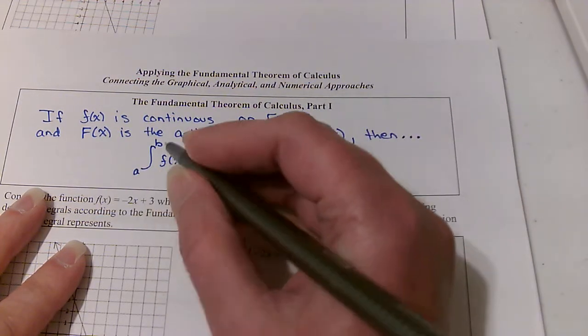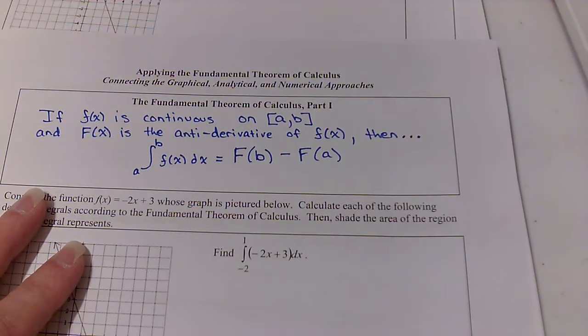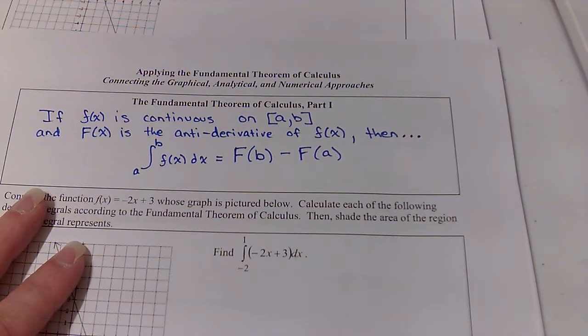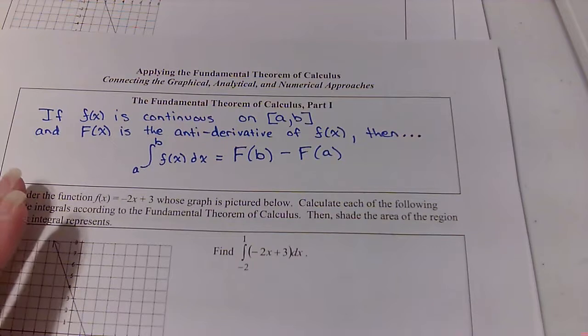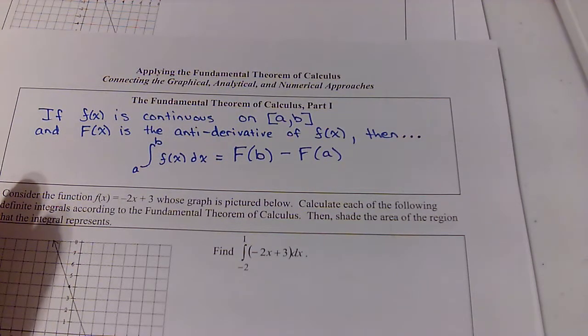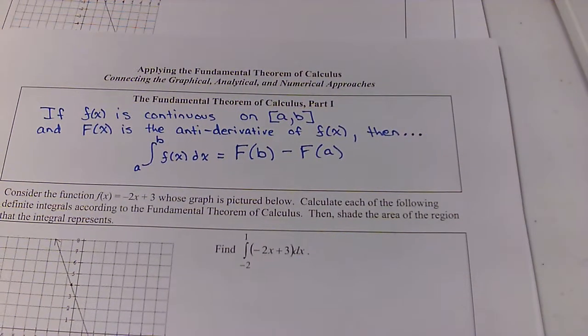So this is called the definite integral. It's got actual values. It's evaluating the antiderivative, or what we call the integral. But we want to understand what this means, what we're actually finding, right? Okay, so this is called a definite integral.